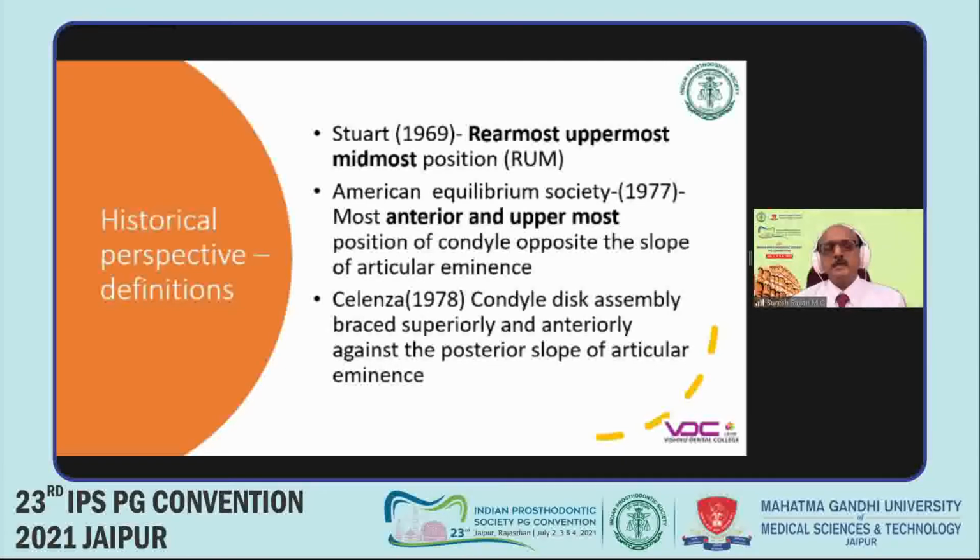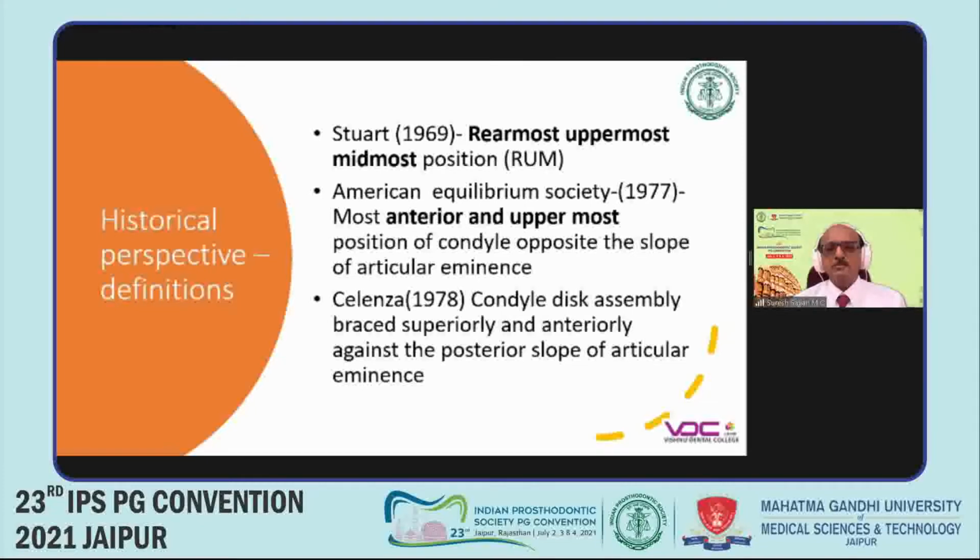Then as it continued, Stuart said it is rearmost, uppermost, and midmost position. It was very popular for some time. And then the American Equilibration Society came up. They said there are so many people expressing so many opinions, why don't we collectively have one opinion? And they said it's an anterior and uppermost position of the condyle opposite to the slope of the articular eminence.